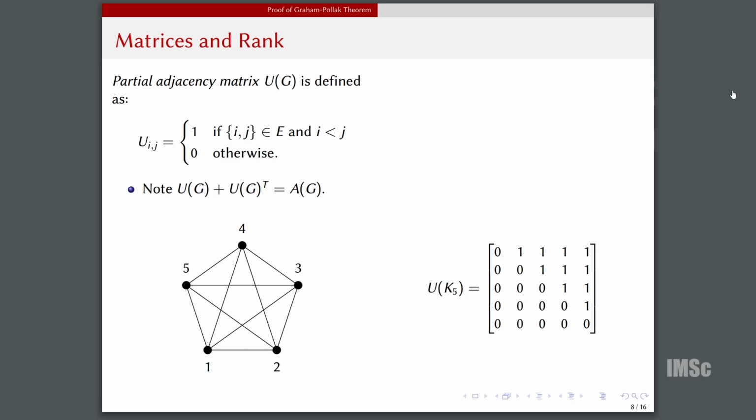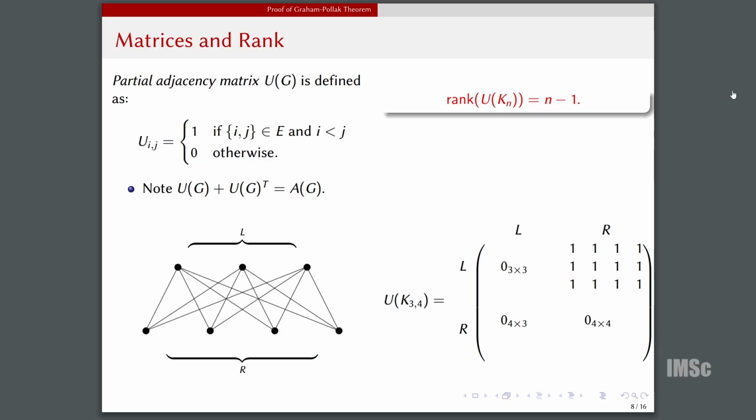I talked about two graphs, so let's just look at the rank for those two graphs. Here is a complete graph, and correspondingly the partial adjacency matrix looks like this. What's the rank of this matrix? In general, for K_n it is n minus 1, because the first n minus 1 rows are linearly independent. So that's one observation that we need.